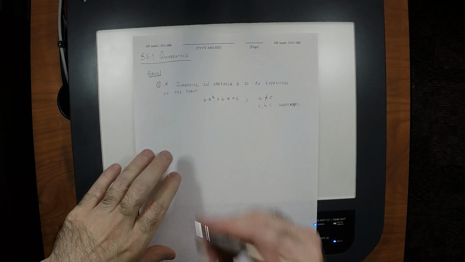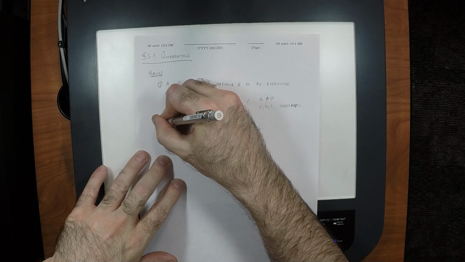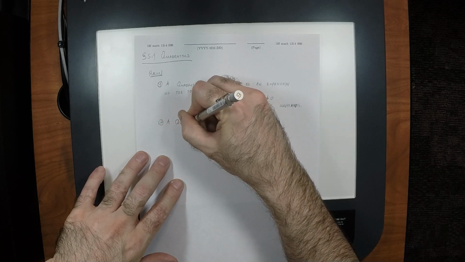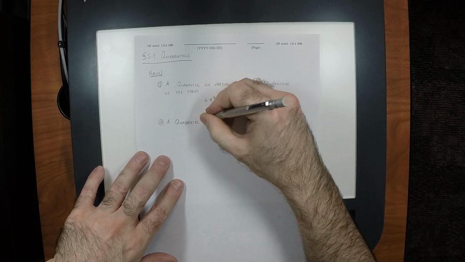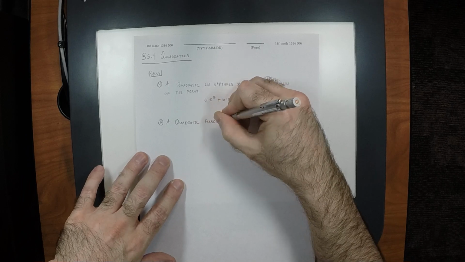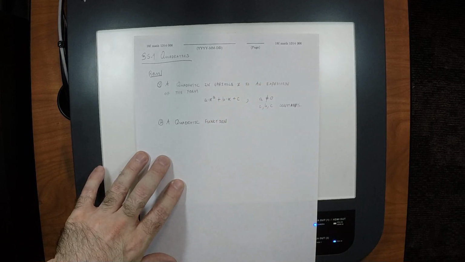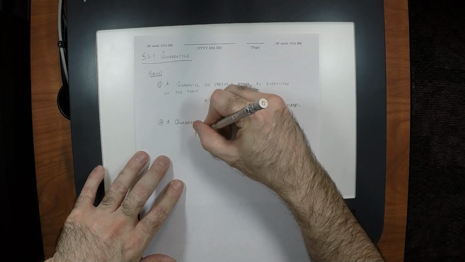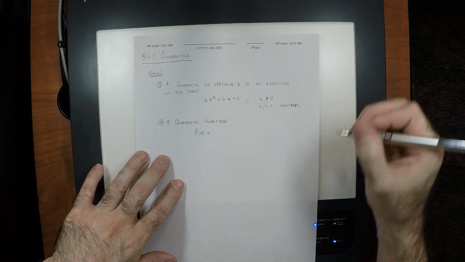A quadratic function is exactly what it sounds like. It's f of x is equal to a quadratic.